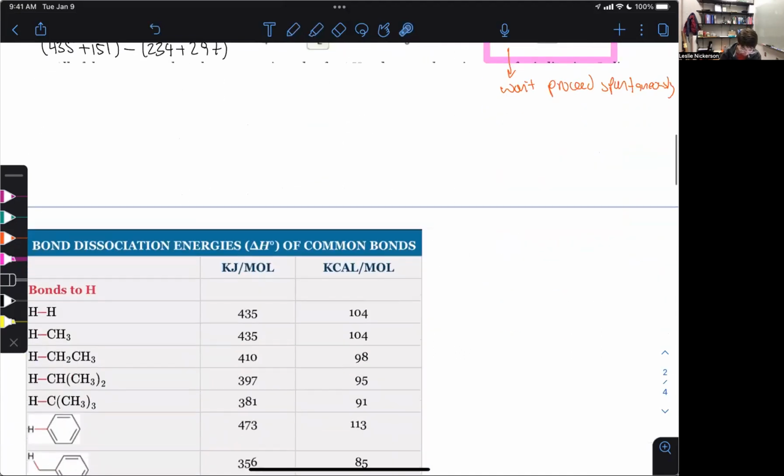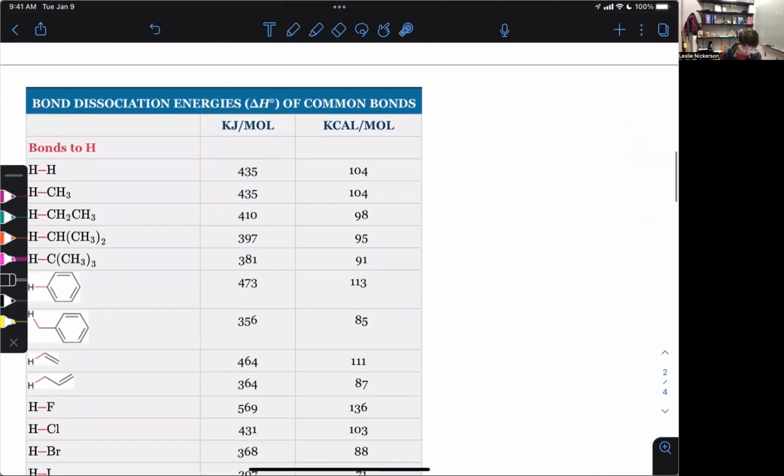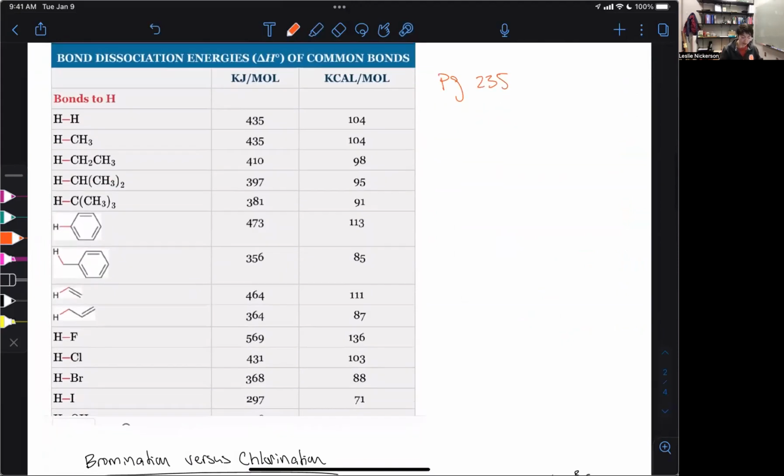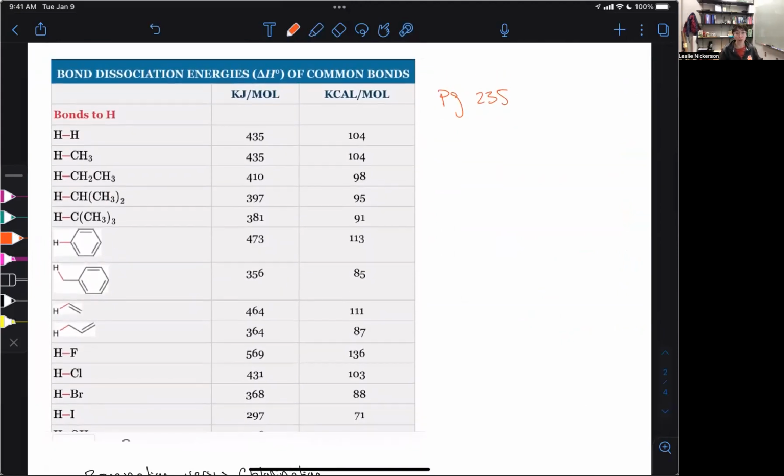So let's go ahead and talk about chlorination versus bromination. This bond dissociation energy table is actually from chapter 6. It is page 235 in your textbook. Okay, it is longer than this. I only have a little section of it in here right now, the first chunk of it, because that's the main part that I needed here.